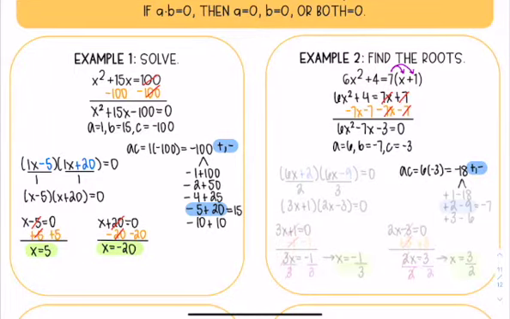And then we've got our factors of 18. 1 and 18, 2 and 9, 3 and 6. We want to get to negative 7, which means that the bigger number is negative and the smaller is positive. So the left-hand side is going to be positive while the right is negative. And the combo that gets me to negative 7 is 2 and negative 9.